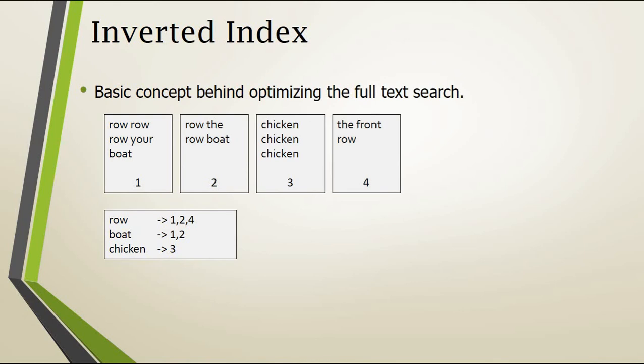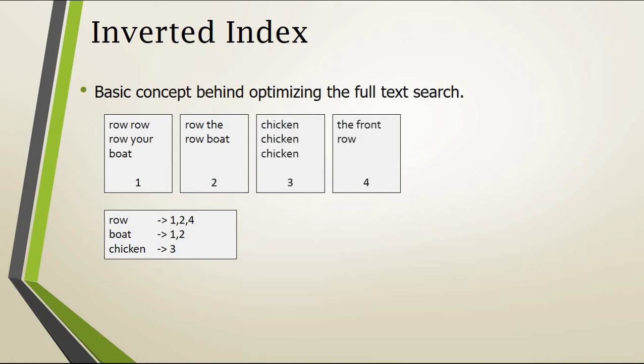Okay. Then inverted index. Elasticsearch is optimized for full text search. So inverted index is the basic concept behind that optimization. So I'll explain that with an example. So here we have 4 documents, 1, 2, 3, and 4.